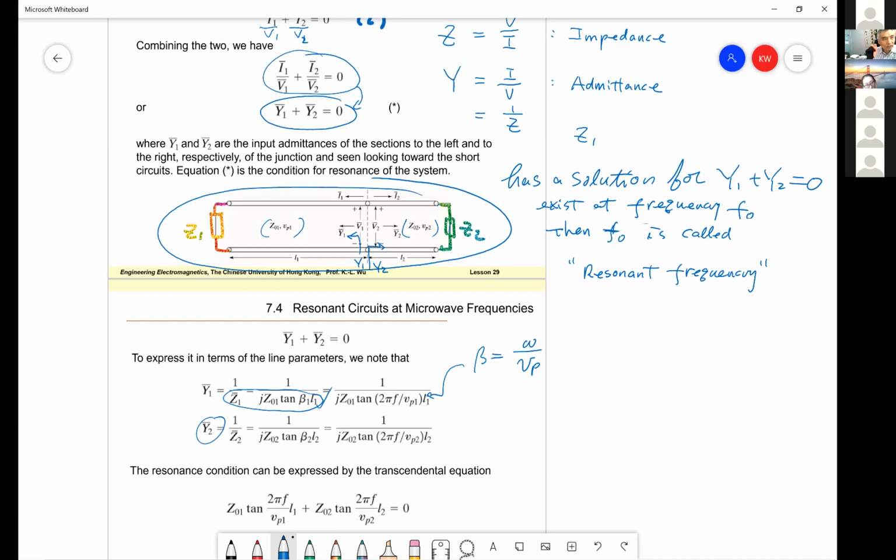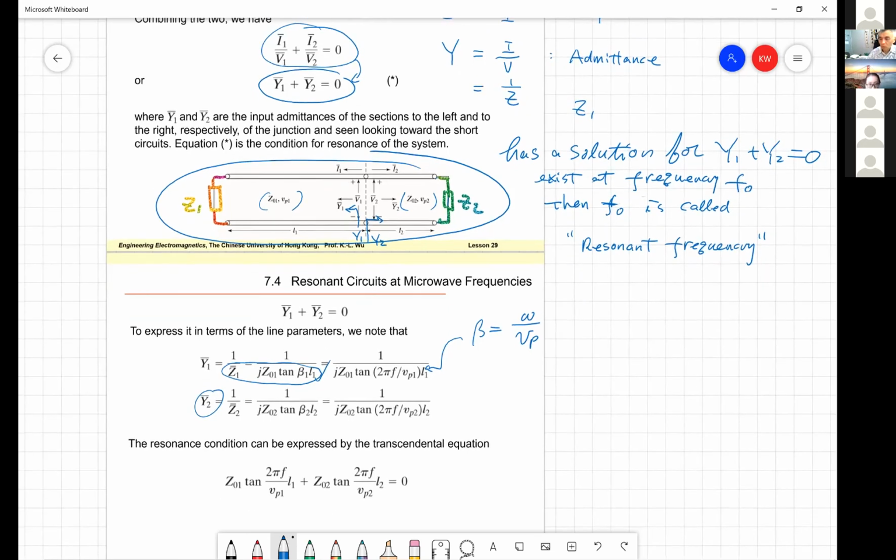That means this frequency is at resonance, but not every frequency is at resonance. It has discrete frequencies at resonance.